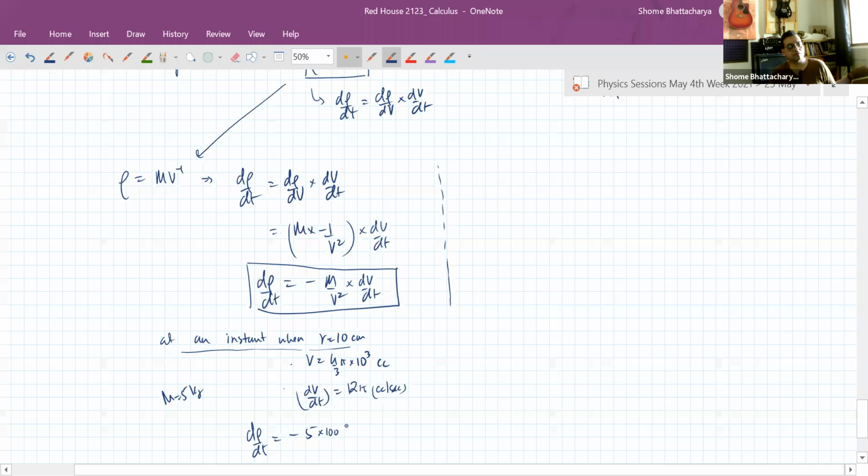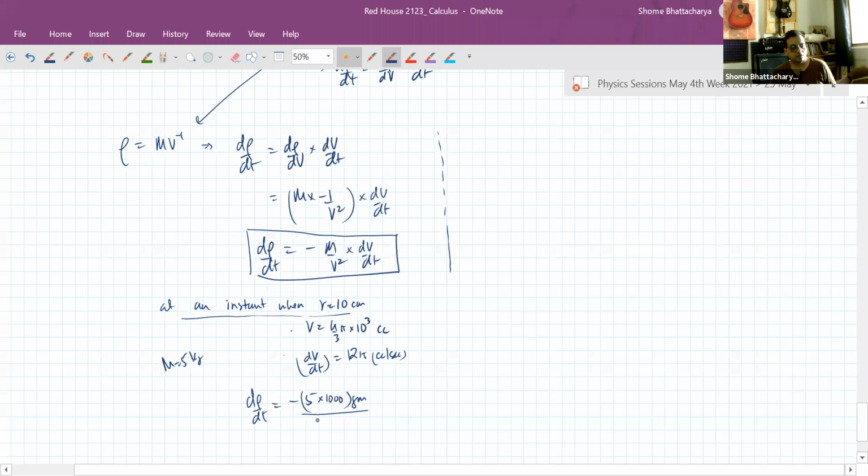Let's convert this to grams. Upon the square of the volume, so the unit will become centimeter to the power 6 into dv by dt, which is 12 pi centimeter cube per second.